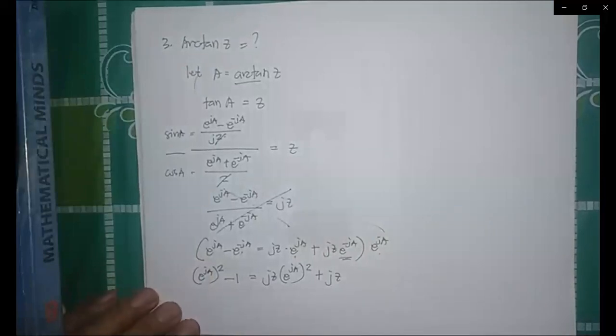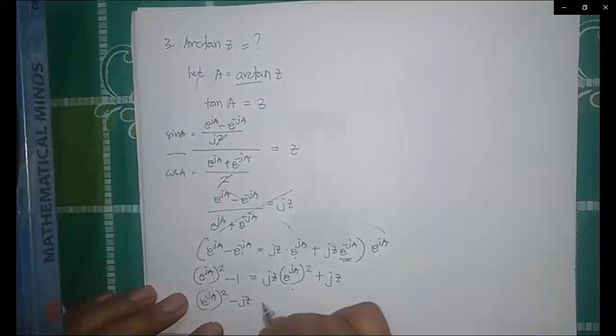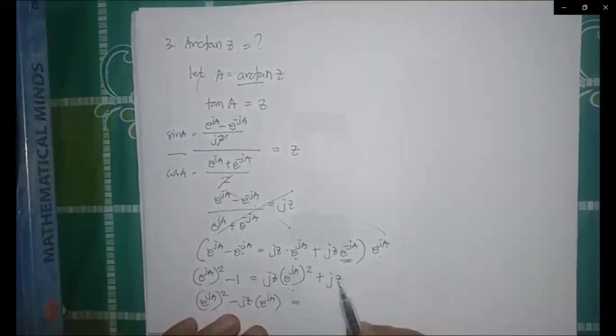Now, if we rearrange the equation so that similar terms will be together, by transposing jz times e raised to ja quantity squared to the other side of the equation, and 1 to the other side of the equation, that is 1 plus jz. And then we will factor out. Take note, this is e raised to ja squared.